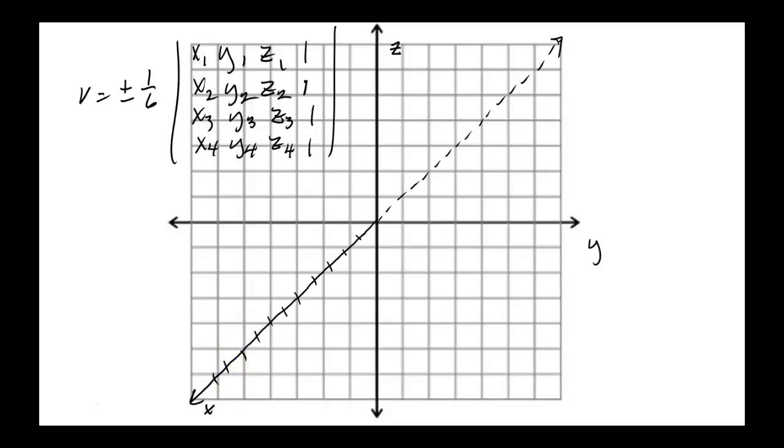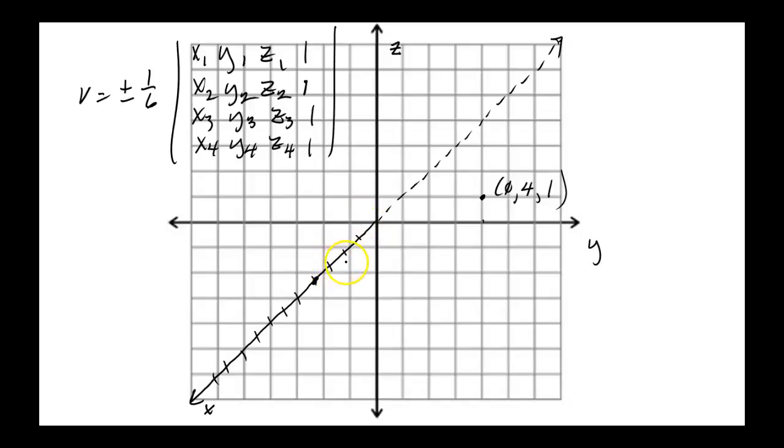The first point is 0, 4, 1: 0 on X, 4 on Y, 1 on Z, so it's going to be there. There's your first point. Then 4, 0, 0. There's your second point. The next one's going to be 3, 5, 2.